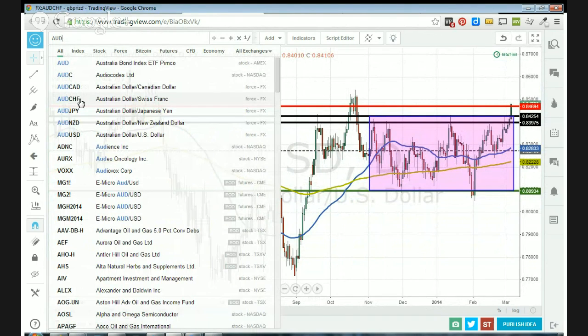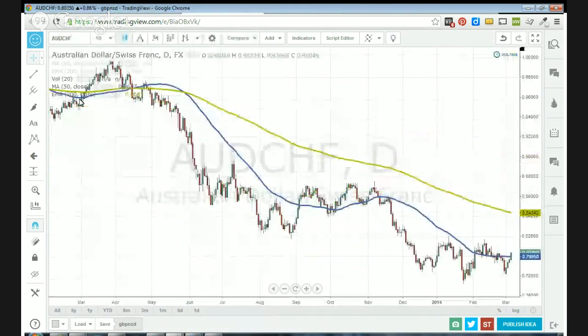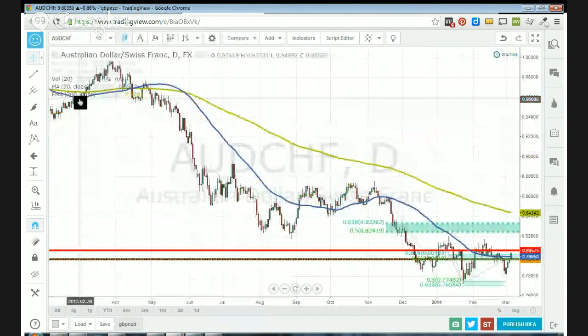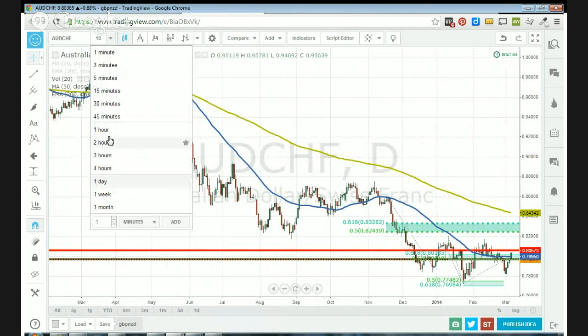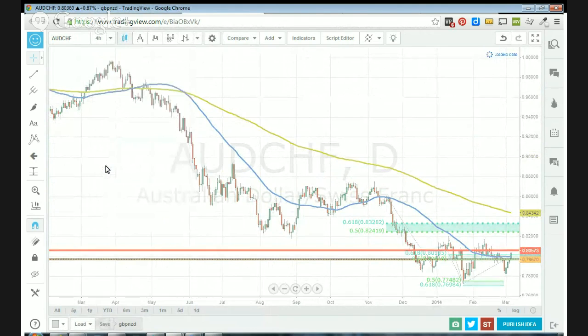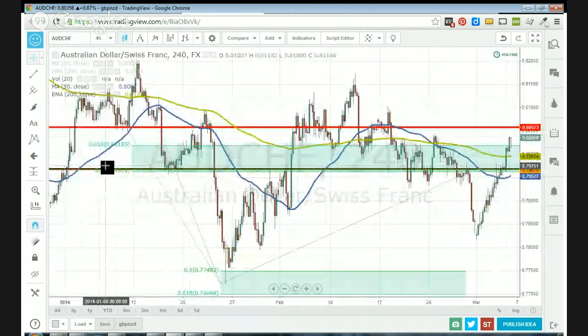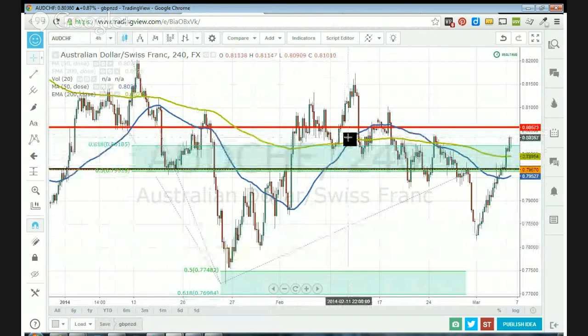Aussie Swiss. You can see the stop is at that red line, and price action is not looking too good at the moment. Let's zoom in on the 4-hour chart. Hopefully the market's reacting to this as a resistance level right here. I'll actually plot that.